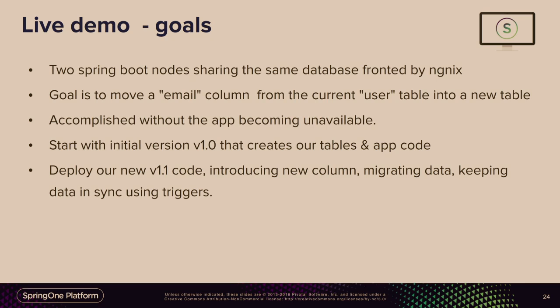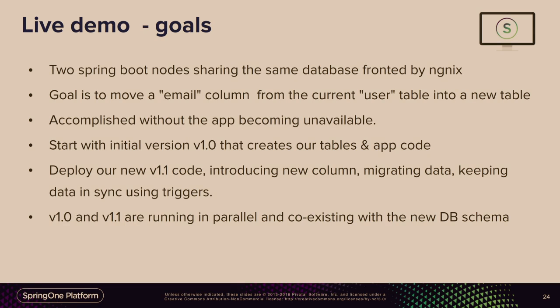And this deployment includes the changes related to creating the new table that will hold the multiple email addresses, the changes related to migration of data from the old email address column into the new table, and a trigger in place that will keep the data in sync so that when any of the older applications keep inserting data into the old column, this trigger will keep the data in sync for the new application to start reading it. In this stage, we will notice that version 1.0 and version 1.1 of the application coexist and run in parallel against a new schema.